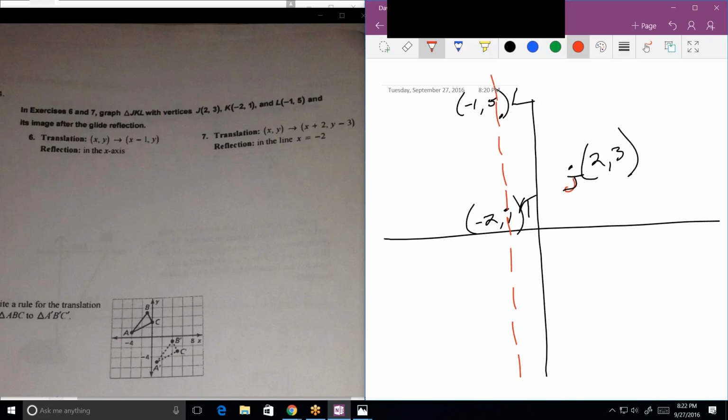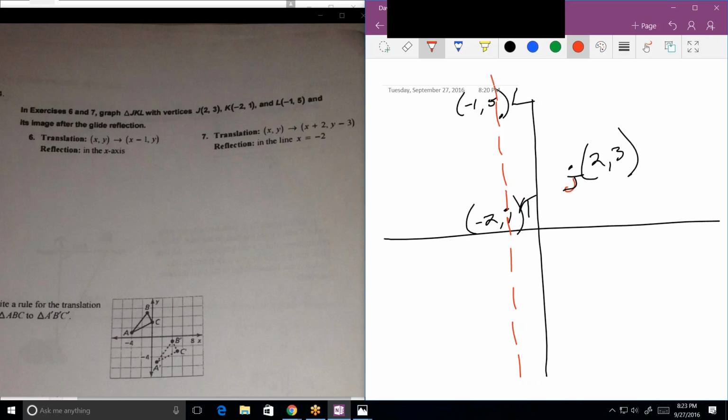So let's take point J. How far is the x-coordinate of J from that line? 4 units. There's 2 here, 2 more there. The x-coordinate is 2, and we're reflecting over the line -2.